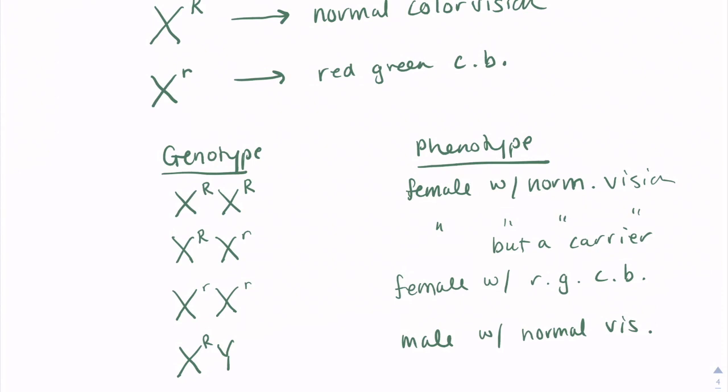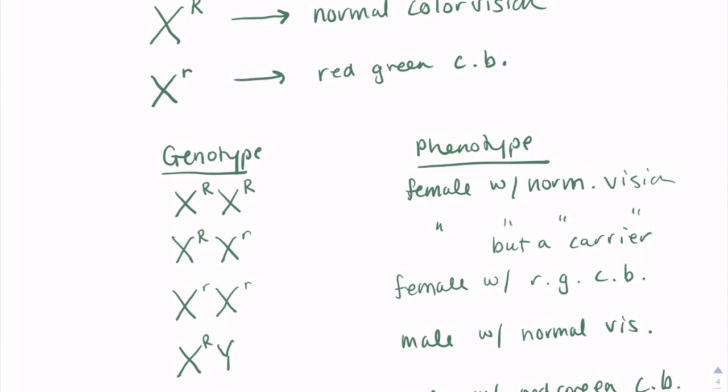But how about this one? Dun dun dun. We have a male with red-green color blindness right there. Okay, so there aren't 3 genotypes here. There are 5.